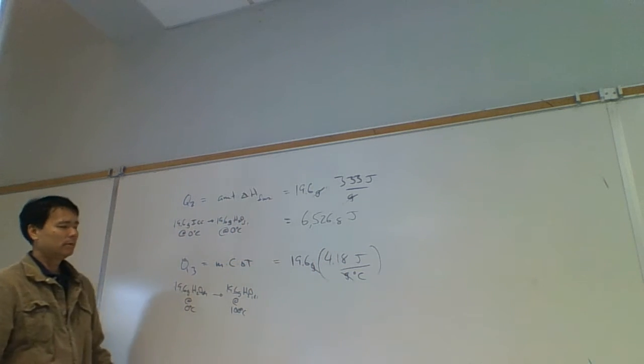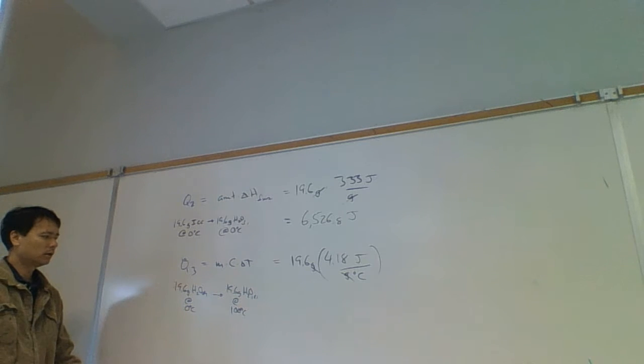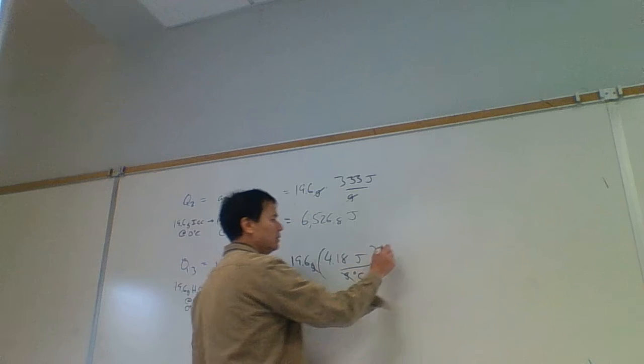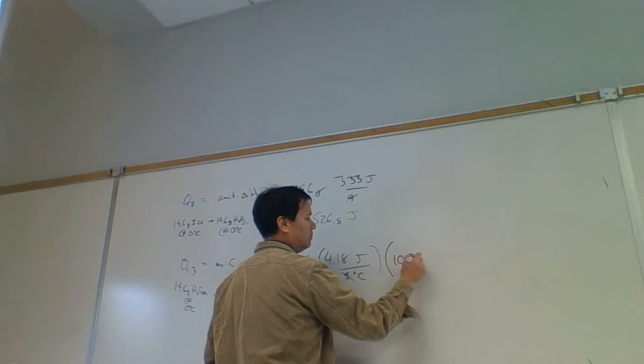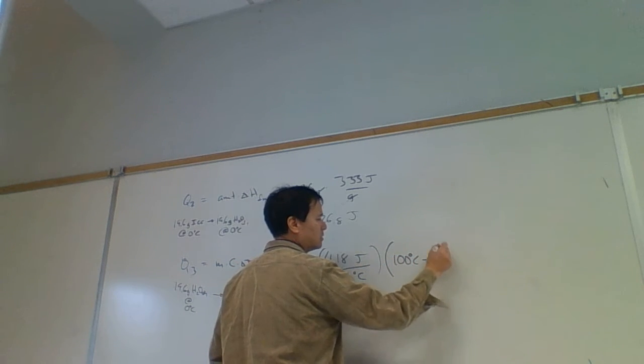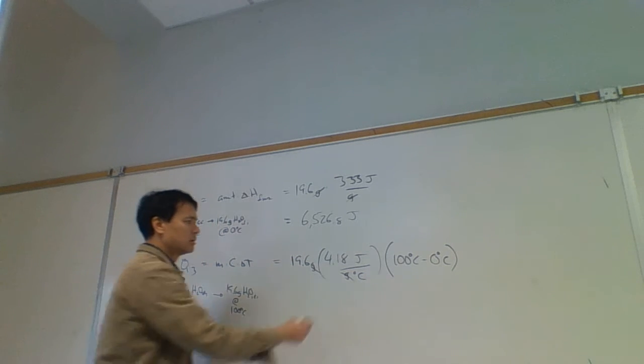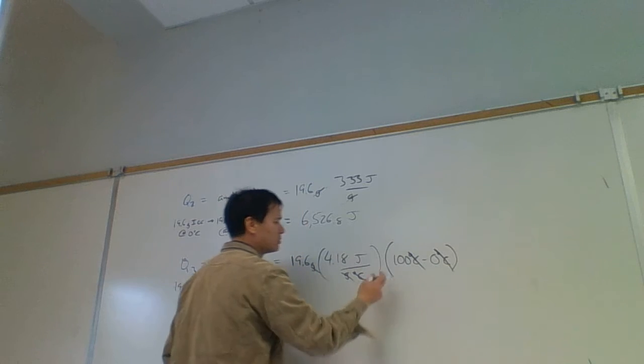And then the amount of heat is going to depend on how hot we're getting it. And so there's going to be T final. T final is going to be 100 degrees C minus T initial, 0 degrees C. So it's plus 100 degrees C. So the degree C cancels, and that leaves us with joules.